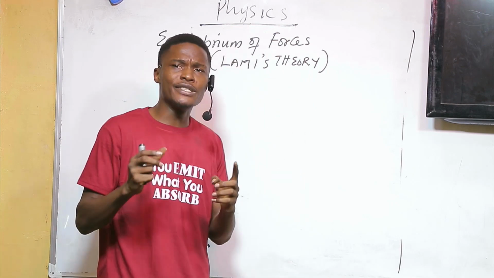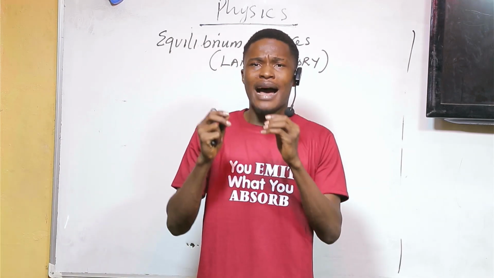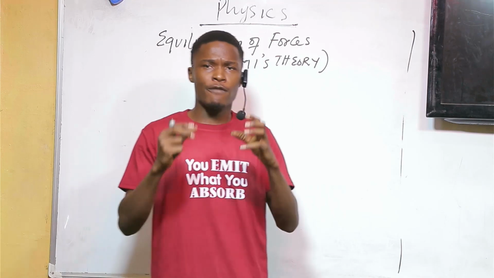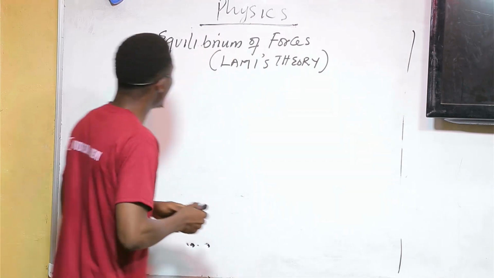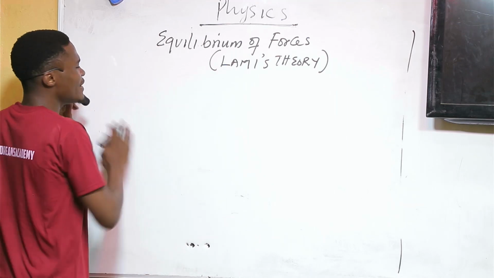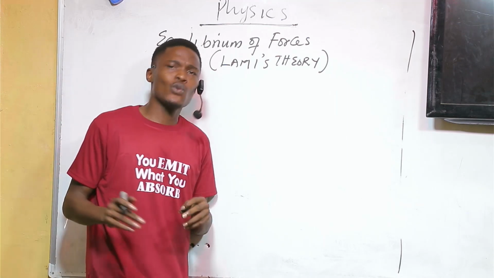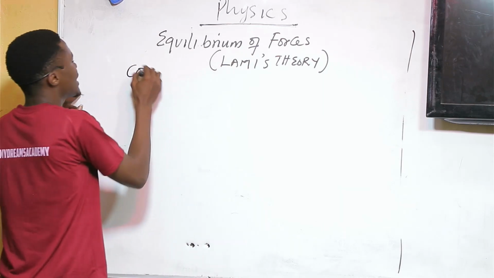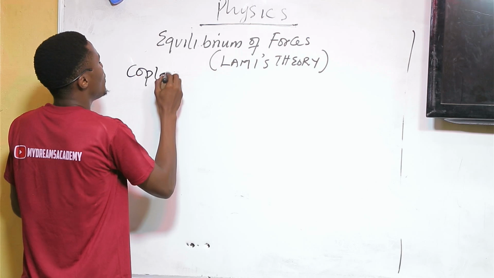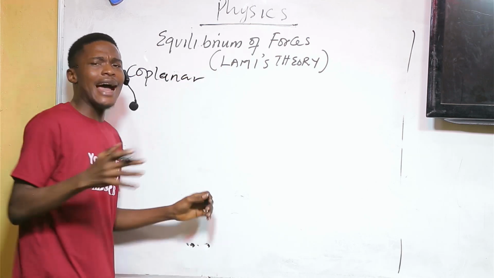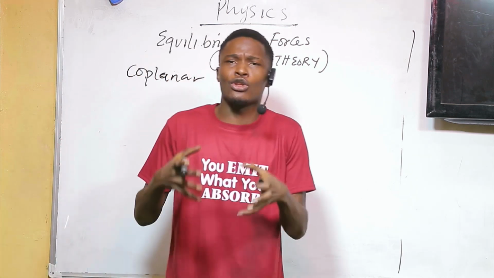So one of the theories that is used to analyze forces that are in equilibrium is Lami's theory. Okay? Now, if we have a system of three coplanar forces, coplanar means that they are on the same plane, they are acting on the same plane.